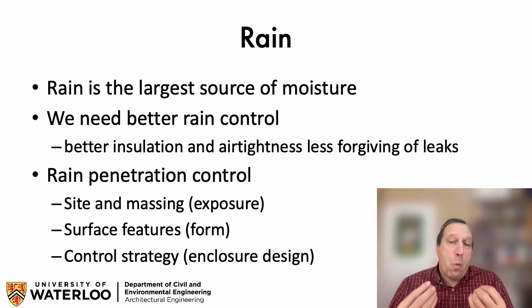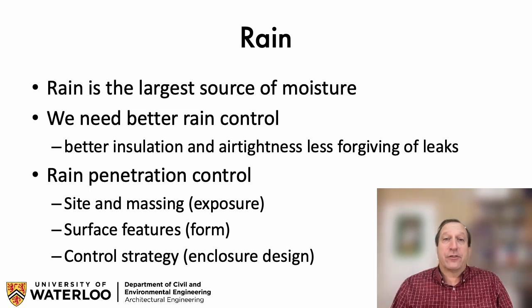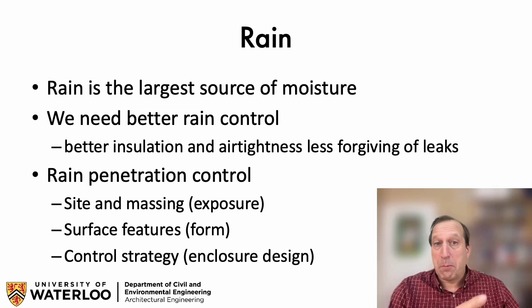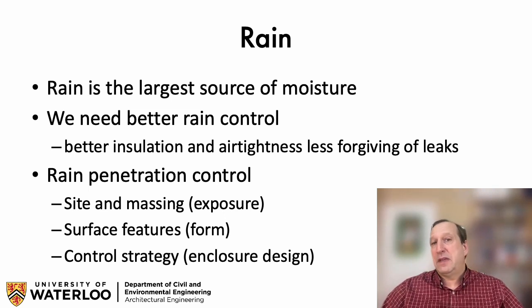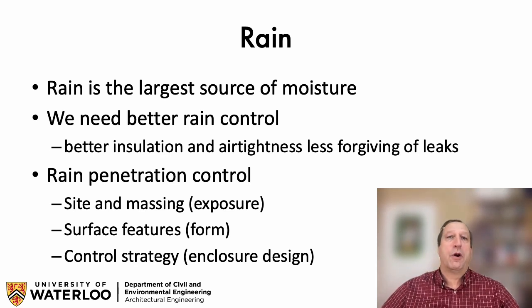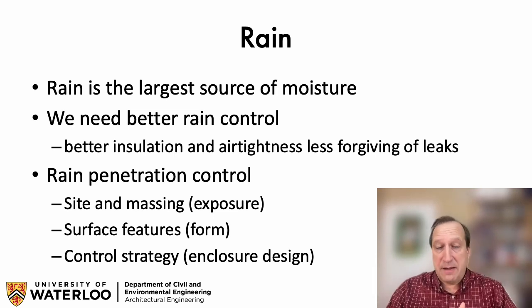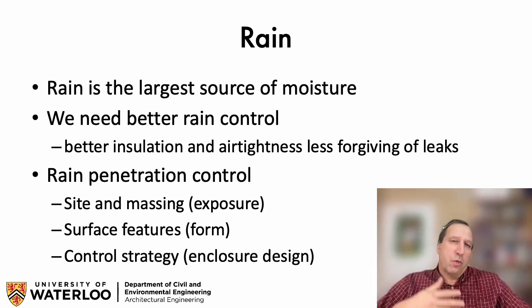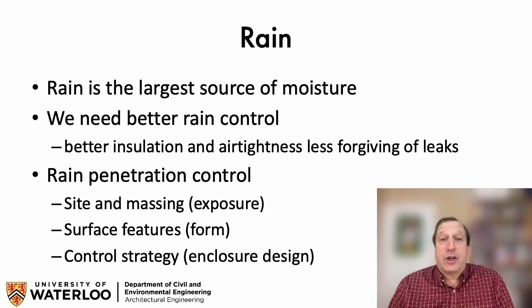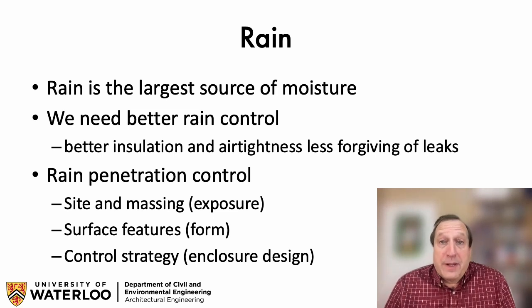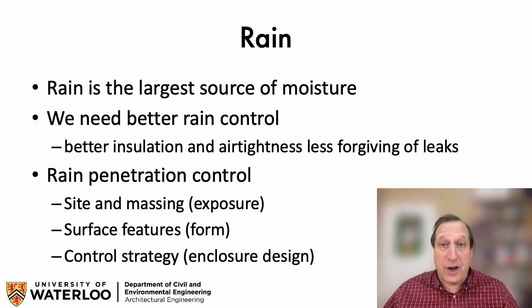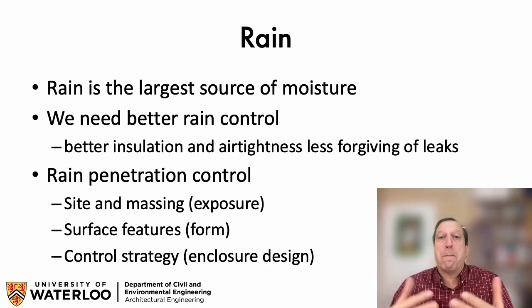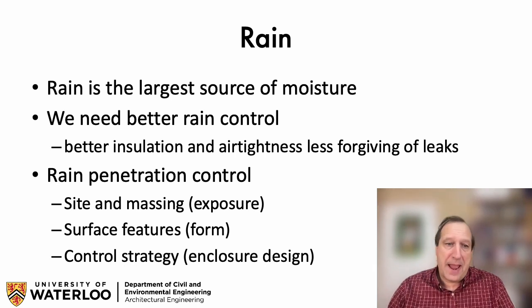The amount of water leaks and mistakes and errors that can be tolerated by the brick and block system might be 100 times, but it's certainly 10 times more than the light gauge steel with exterior gypsum and a light metal cladding system. So those changes have meant that rain penetration control is harder because we must meet a higher standard in our systems. And we're not going back because we're trying to save resources, material, and the environmental impact.